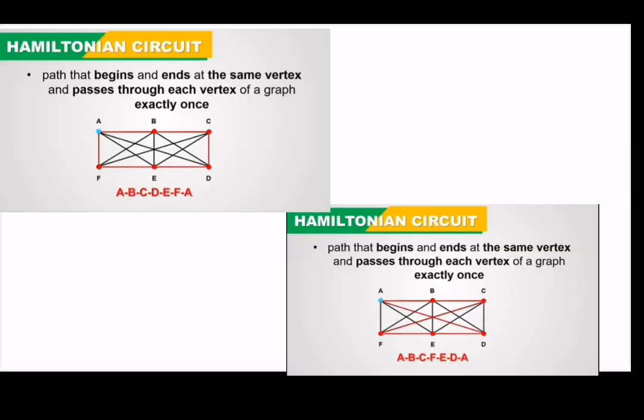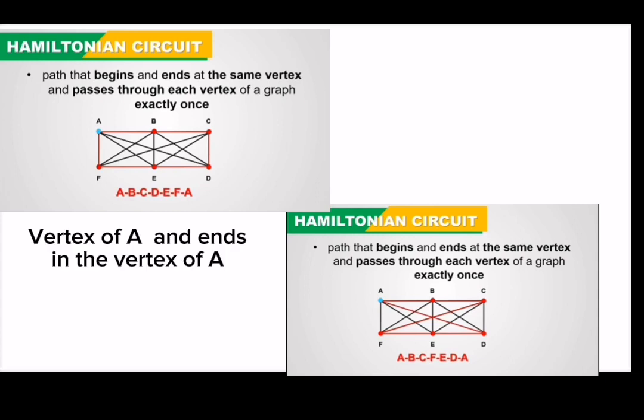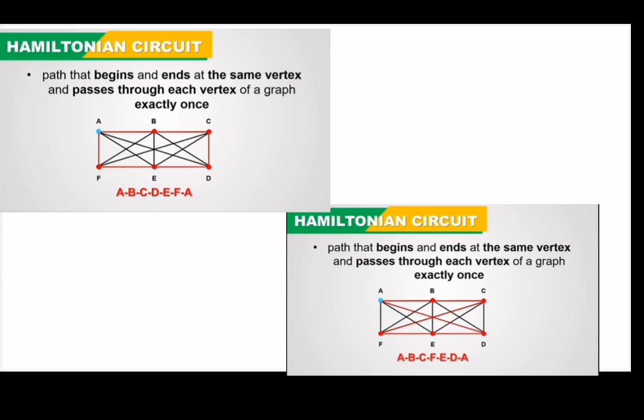So these are examples of a Hamiltonian circuit. Example number 1: we begin at A, to vertex B, vertex C, vertex D, vertex E, and vertex F, and come back to A. As you can see, we started at vertex A and ended at vertex A and passed through each vertex exactly once.